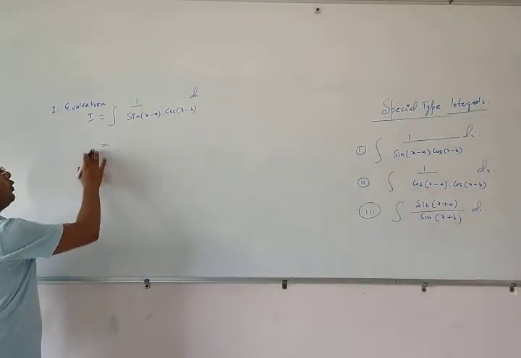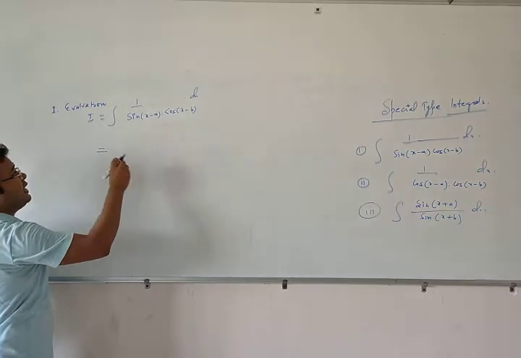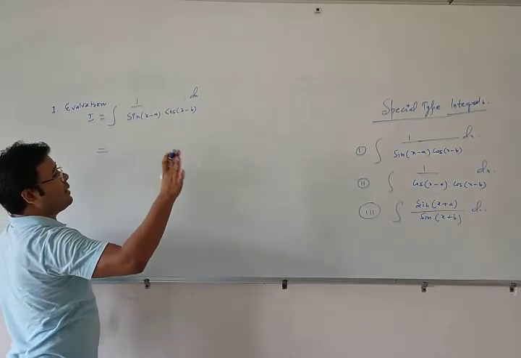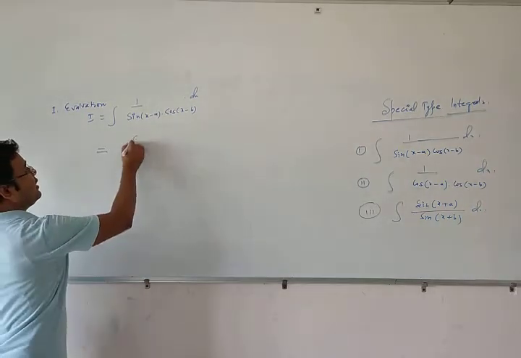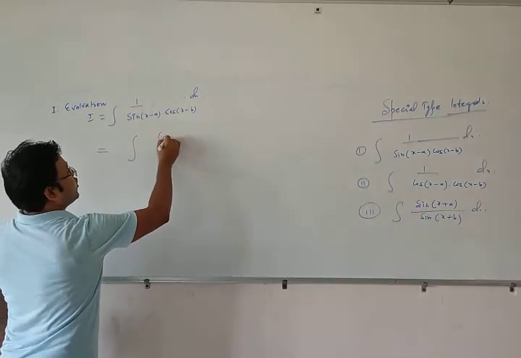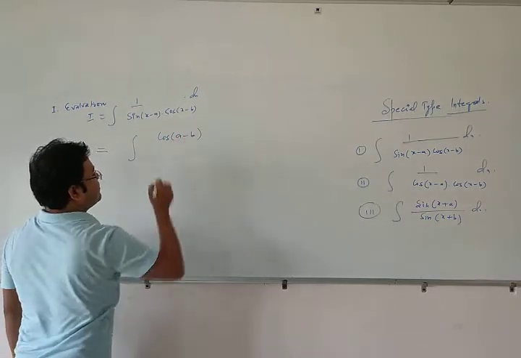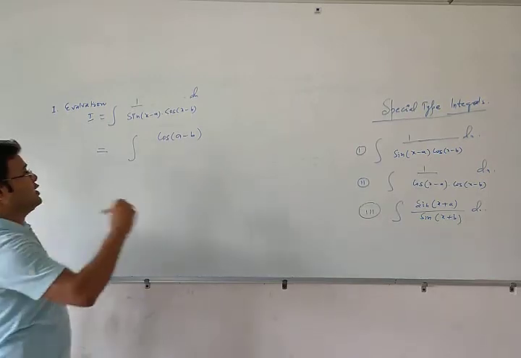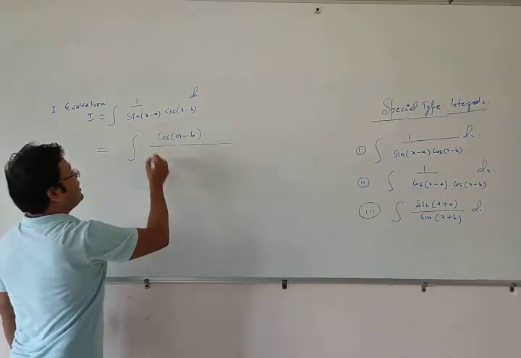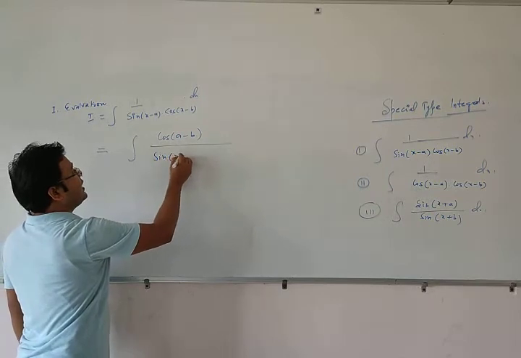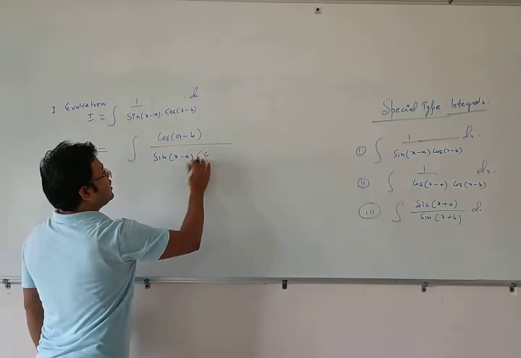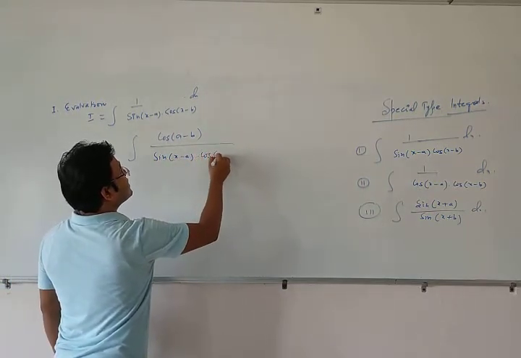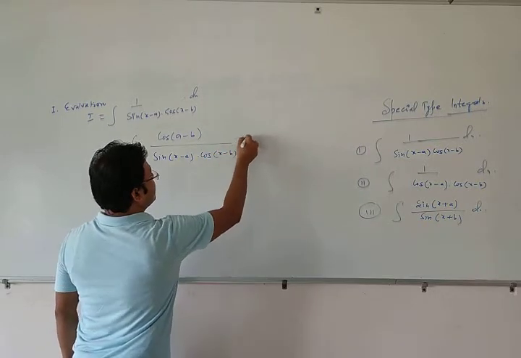Then you can see which constant is used. Here we use cos(a minus b), and the denominator is sin(x minus a) into cos(x minus b).